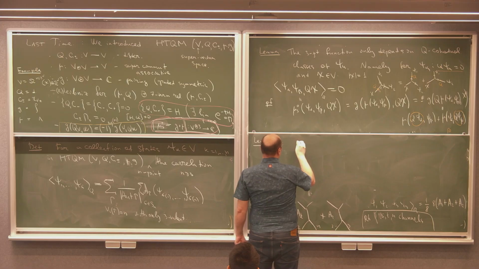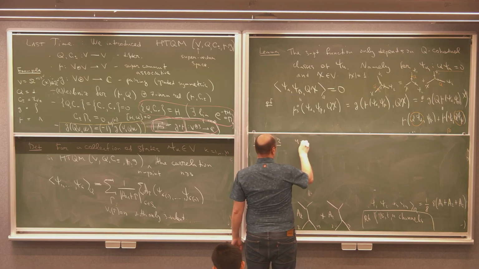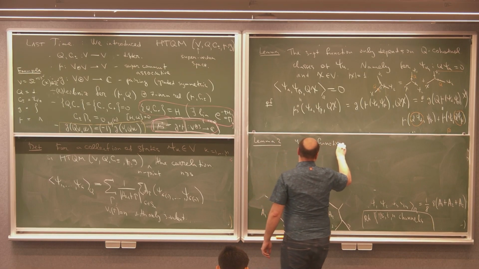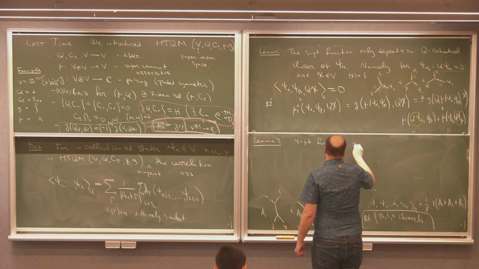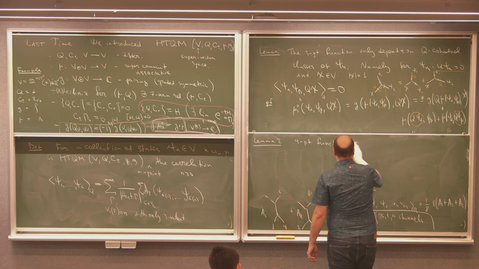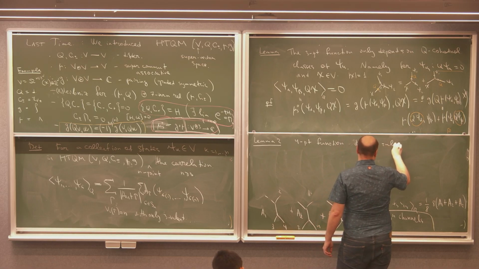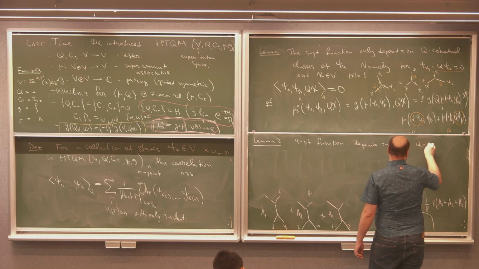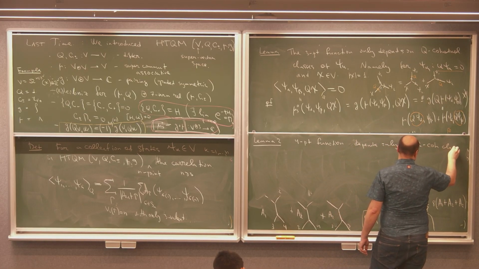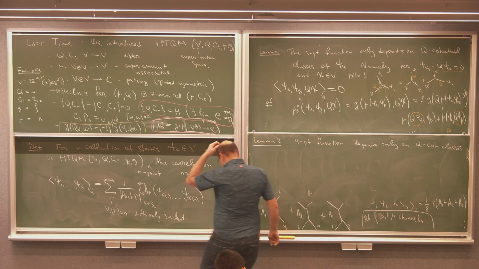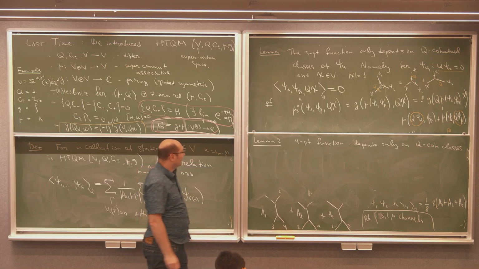So once again, the 4-point function depends only on the cohomology class. That would be a straightforward generalization.